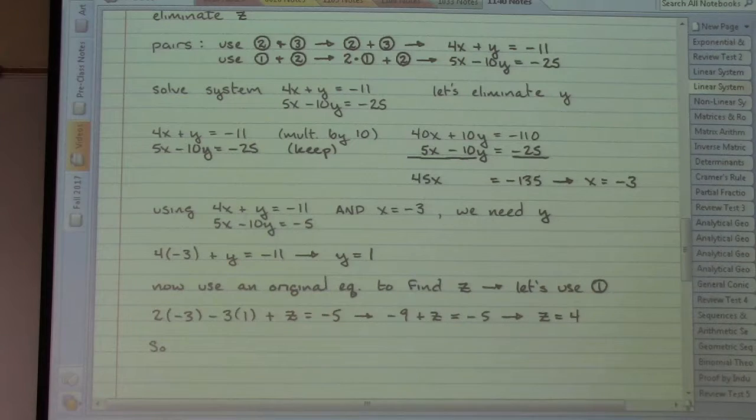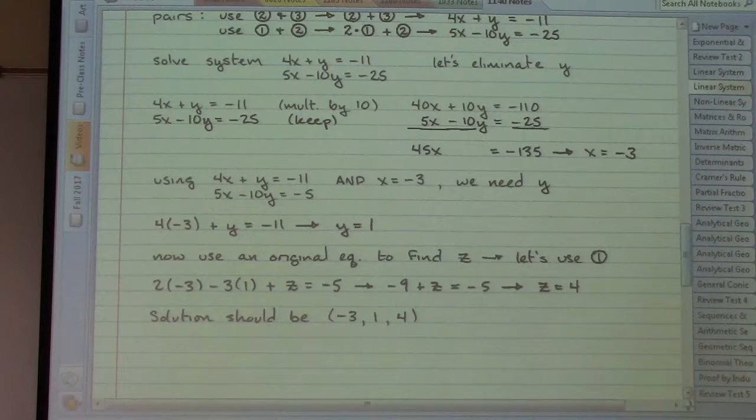So we are seeming to have our solution shaping up to be x was negative 3, y was positive 1, z was positive 4. And we can then check that and see how that works.